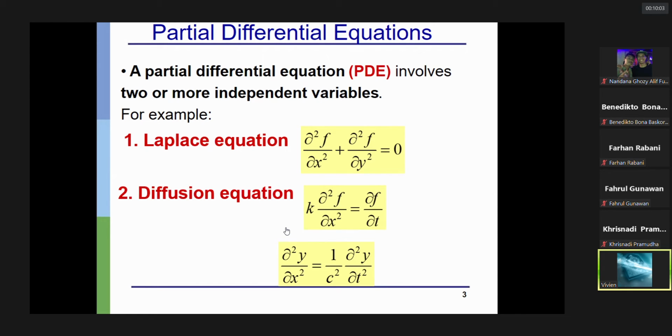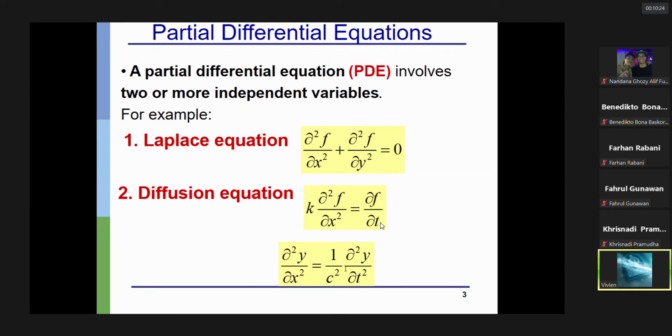The second is the diffusion equation, in which k is the diffusion coefficient, multiplied by the second derivative of f in the x direction, equals the first derivative of f in t.